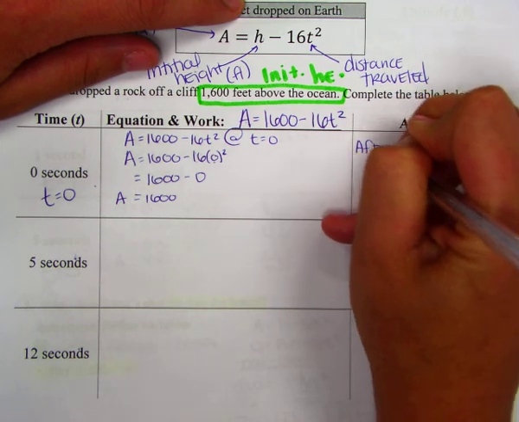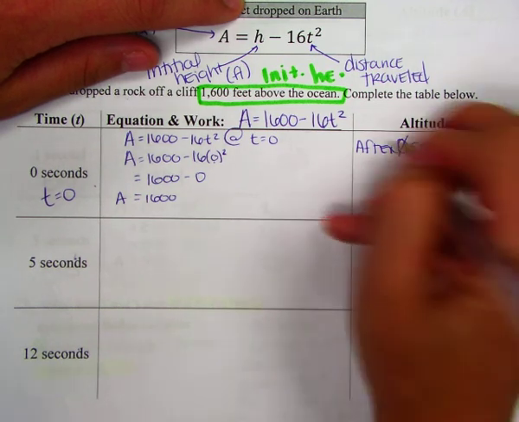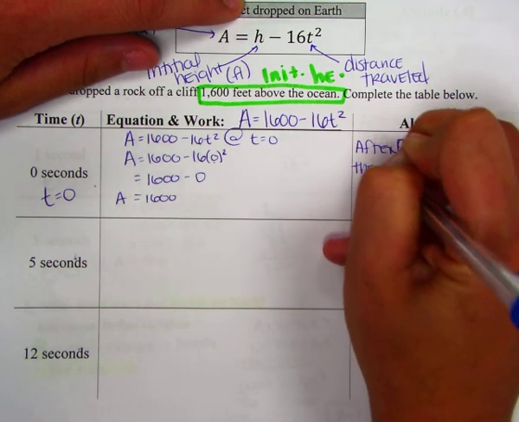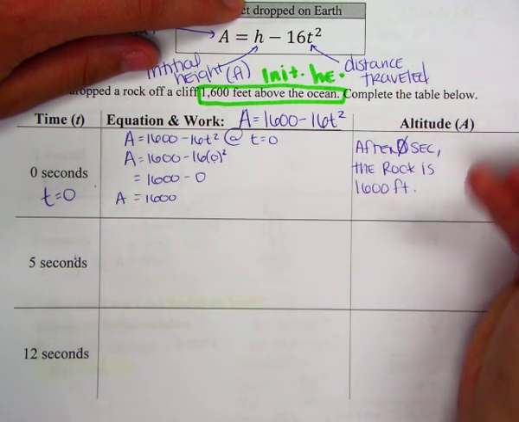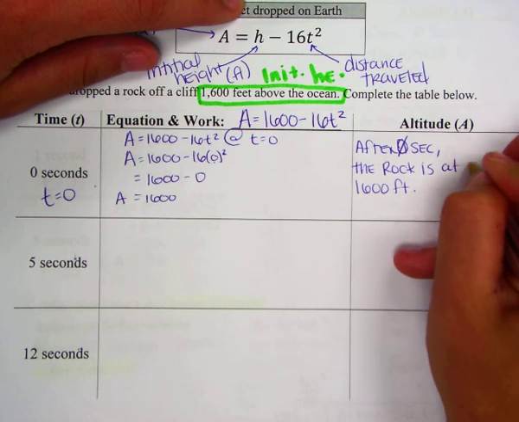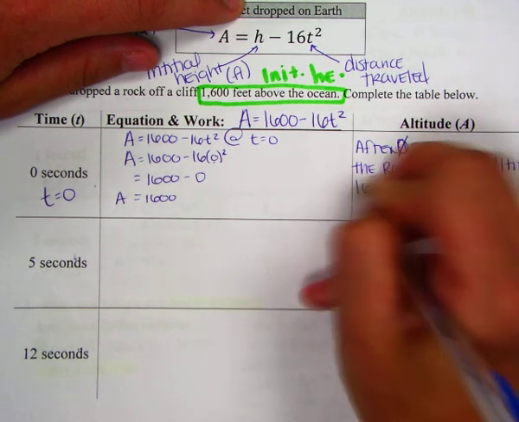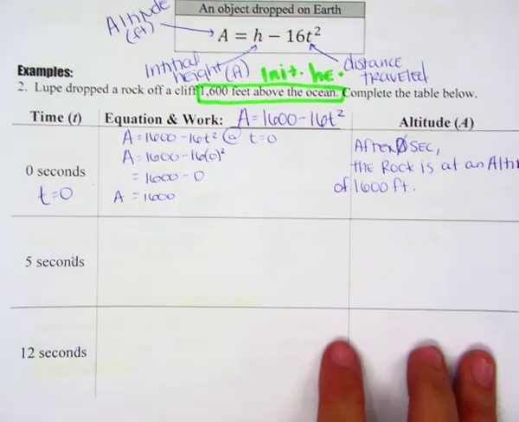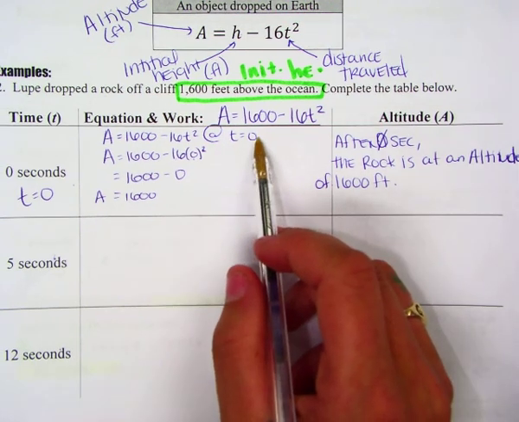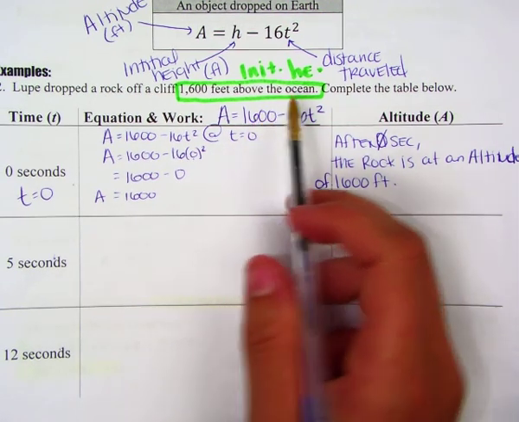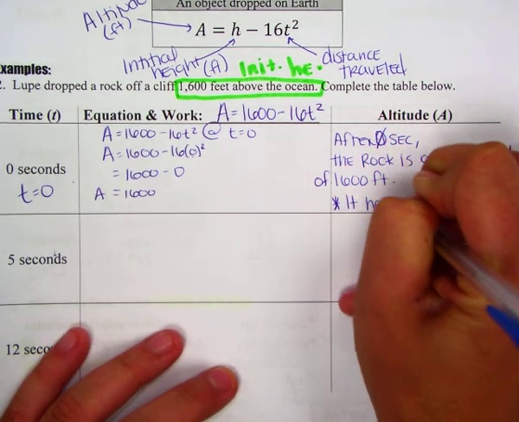So after 0 seconds, the rock is at an altitude of 1,600 feet. Which makes sense, because if there has been no time, then it's still at its initial height. It hasn't moved.